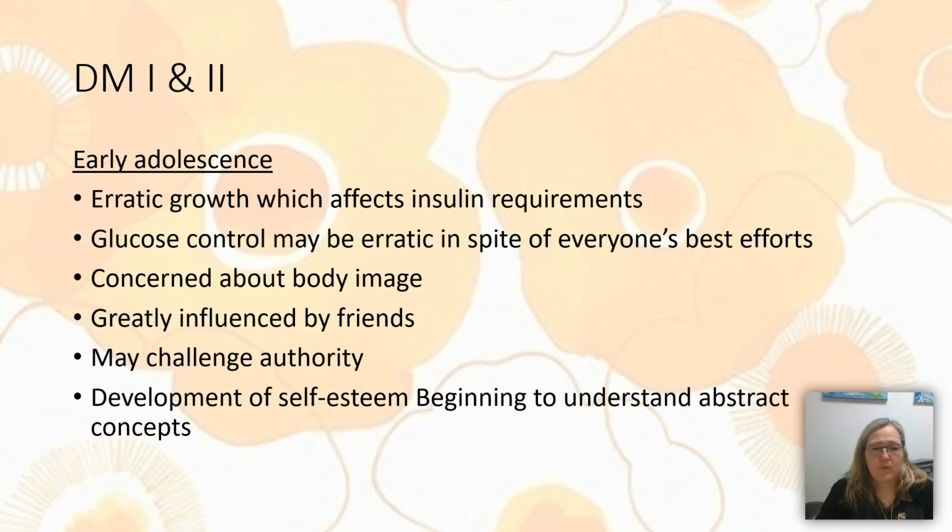Another thing that we worry about with this age group is that sometimes girls especially learn that if you take a little bit less insulin than you're supposed to, you end up dropping weight. And so sometimes they abuse their disease process. They abuse their bodies by not taking enough insulin deliberately.